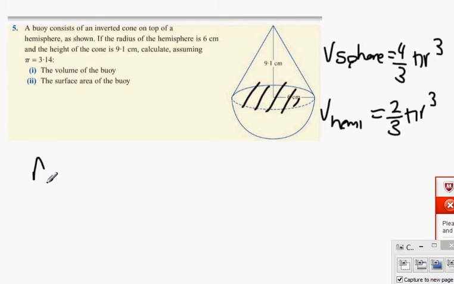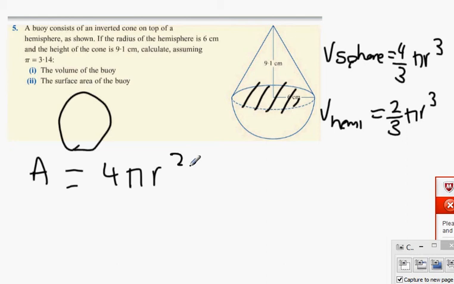You go to your notes for a sphere, and what you'll notice is you're going to get 4 pi r squared for the area of a sphere.